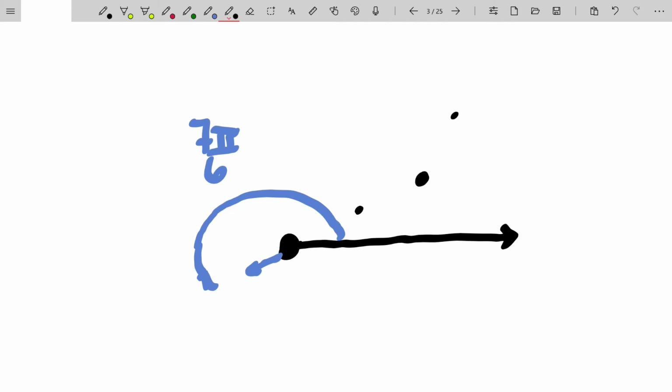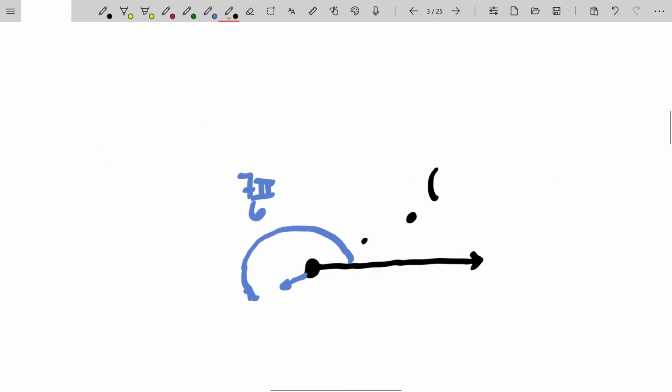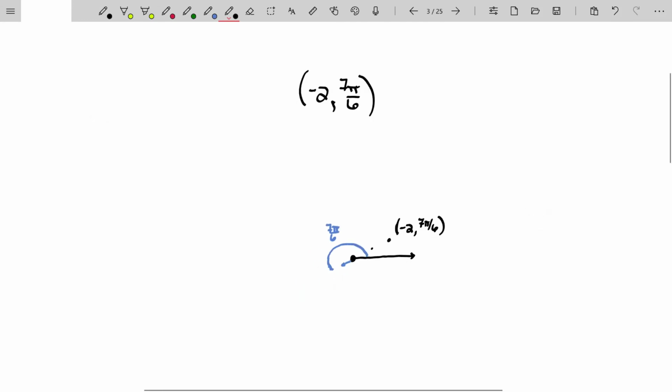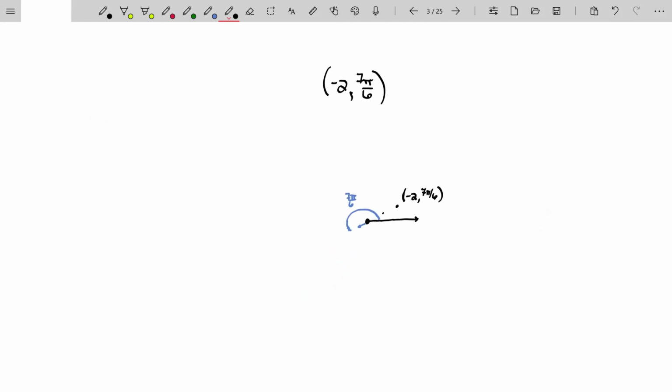So this point right here is -2 comma 7 pi over 6. So it's really not too bad, and to draw these out very quickly, even if you're freehanding it. It looks weird because it looks just like you have an arrow in space, but that's really the polar coordinate system. There's not much to it.